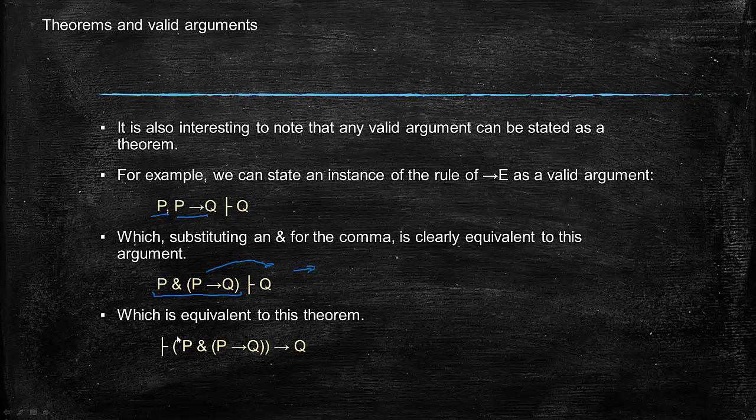So it says if P and if P then Q. And then we can prove this is a theorem. Proving it as a theorem is really no different than proving that this is a valid argument. It's just that you're going to use hypothetical rules to do it.